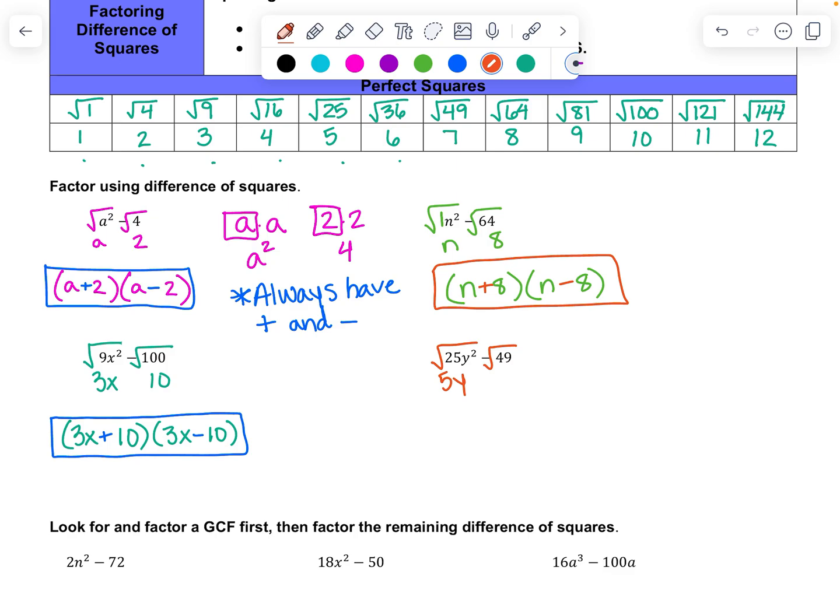Then my square root of 49 is 7, and I can set up my two sets of parentheses. All right, so I have 5y, and I have 7. We need 1 plus and 1 minus.